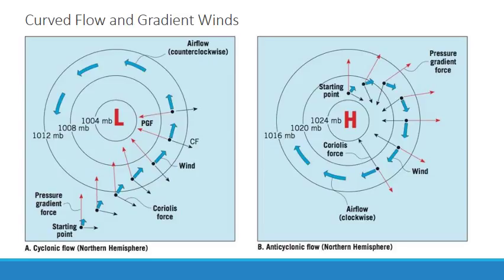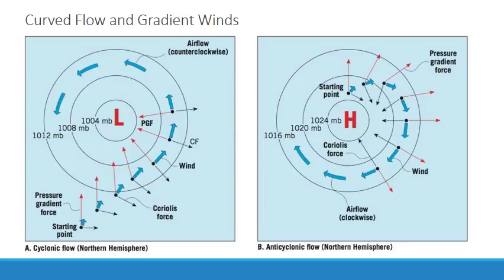That's the direction that the air molecule wants to go. The black arrow shows you the Coriolis force, which pulls it to the right. And so the resultant wind is the big thick blue arrow, which is not going along that pure pressure gradient force, but somewhat to the right of that path of motion. So that is an inward directed Coriolis force.